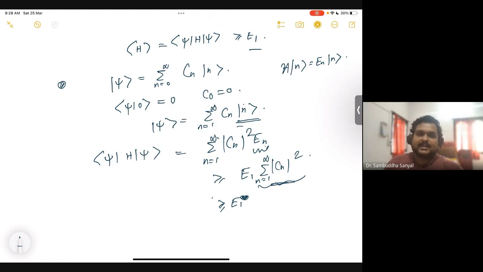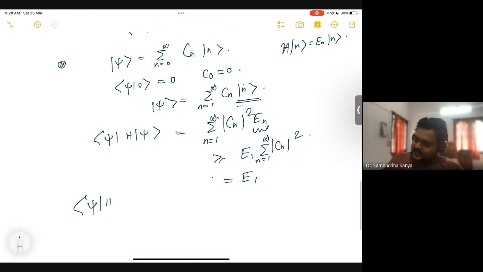So I cannot say this is 1. Now, can you see why it is 1? Yeah, I got confused. This has to be 1. So that means the expectation value of psi is greater than or equal to E1.